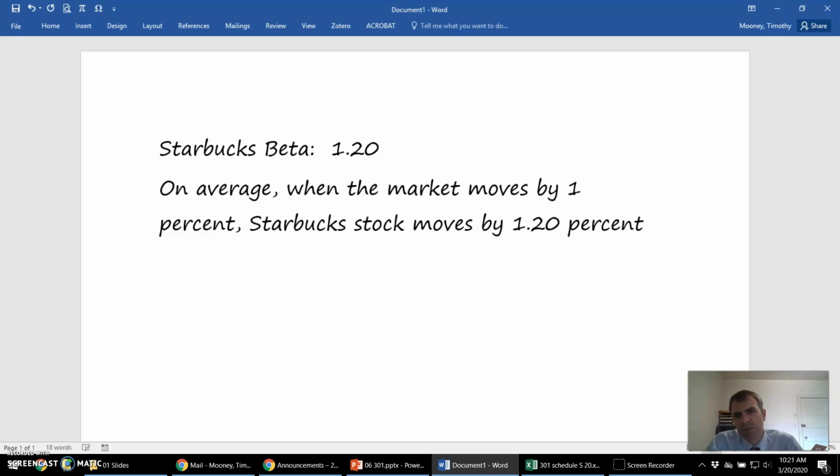So we can see that Starbucks return tends to move more than the market overall, right? So beta measures market risk. High beta equals high market risk.